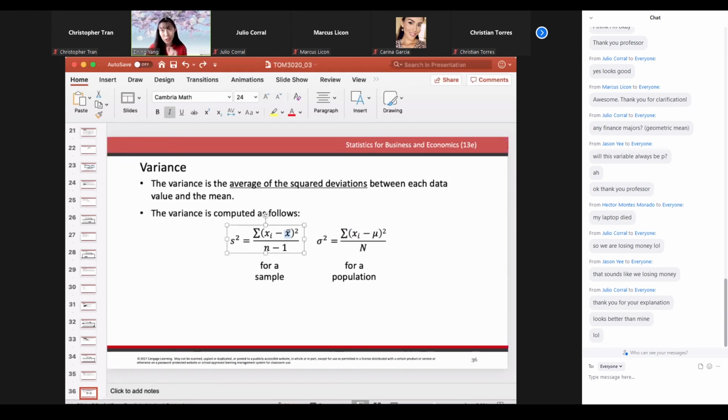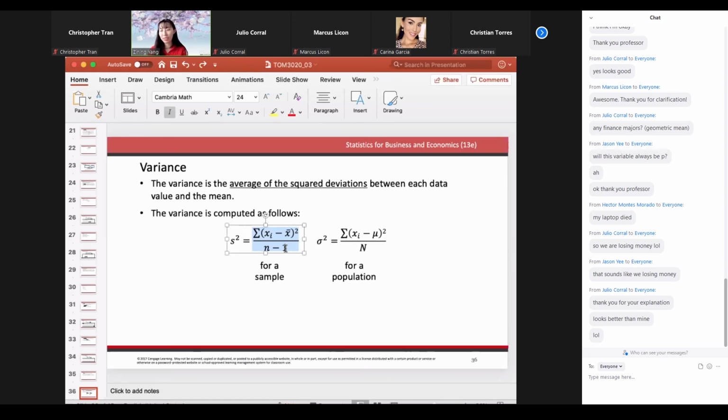There is a small difference in operation when you look at the denominator. When we calculate the population variance, we divide by population size, and that's capital N, very straightforward. When we do that for the sample, it is not a small n, it's a small n minus 1. So we divide by sample size minus 1.